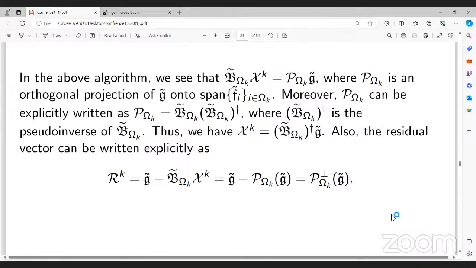Thus we have x_k is B tilde_{Ω_k}^+ g tilde.